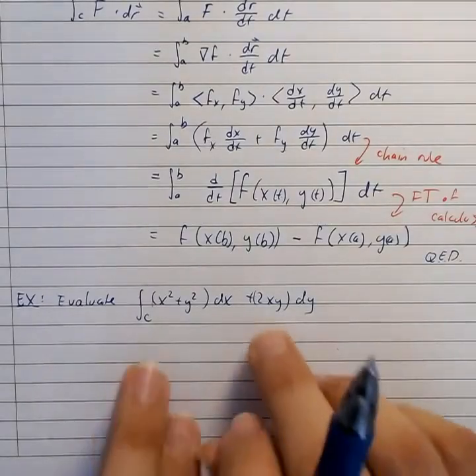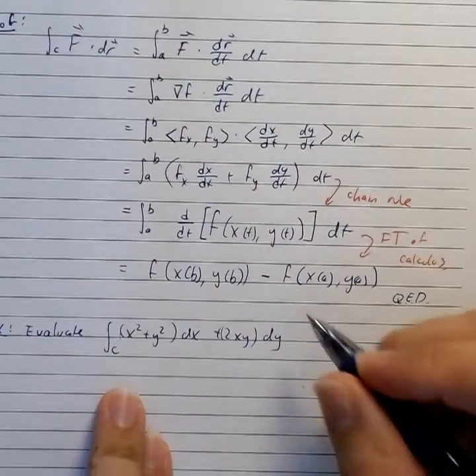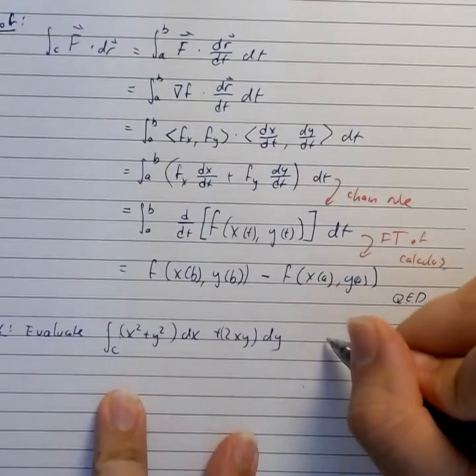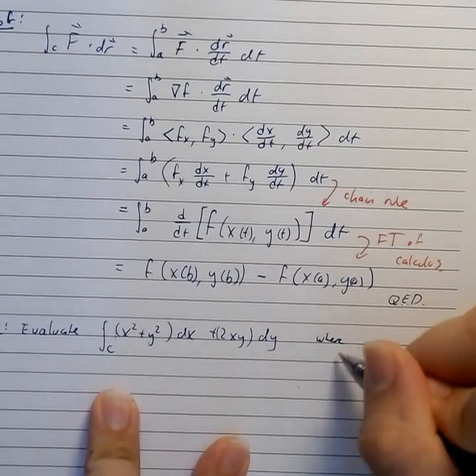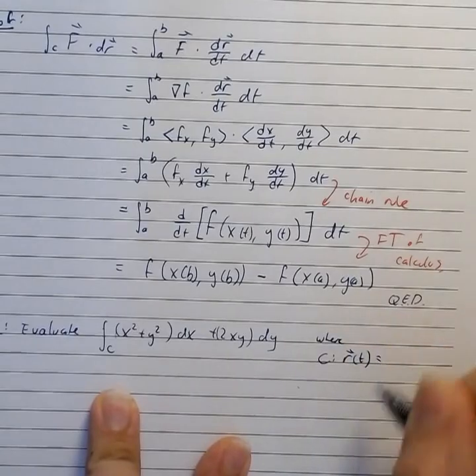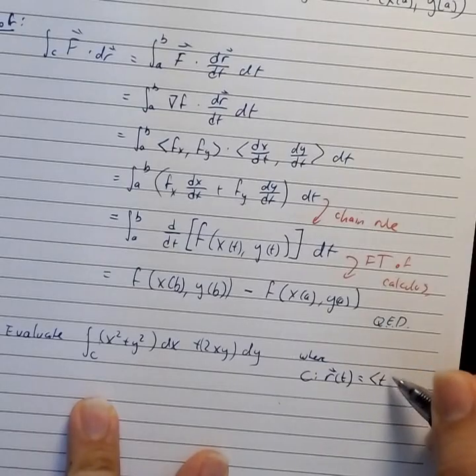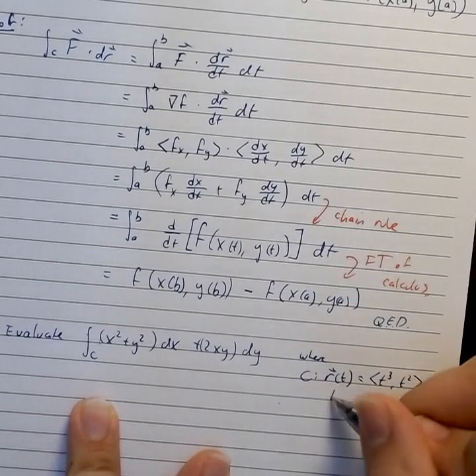Okay, so first of all, we need to confirm that we are in our conditions here. Oh, and I have a contour given here, where C is given by r of t is equal to t to the third comma t squared, and t is bound between 0 and 2.